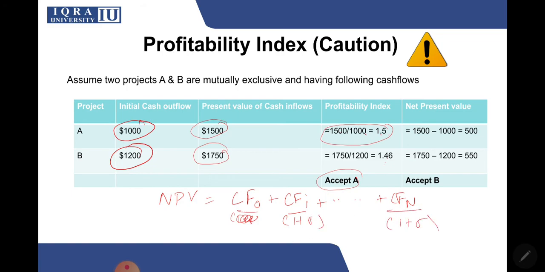This is the formula that you have studied. Basically यहाँ पे है NPV is equal to initial outlay plus present value of inflows. But you can even write it this way.